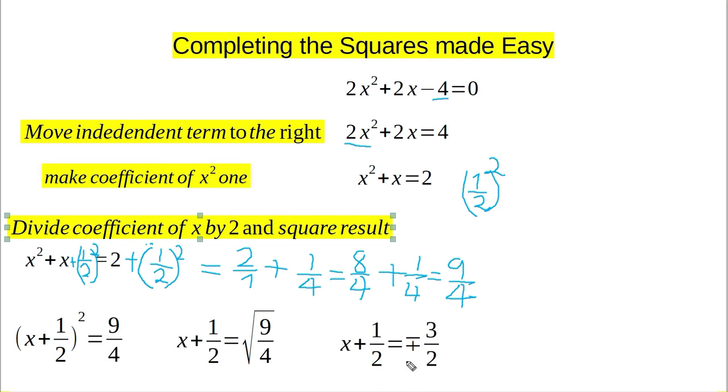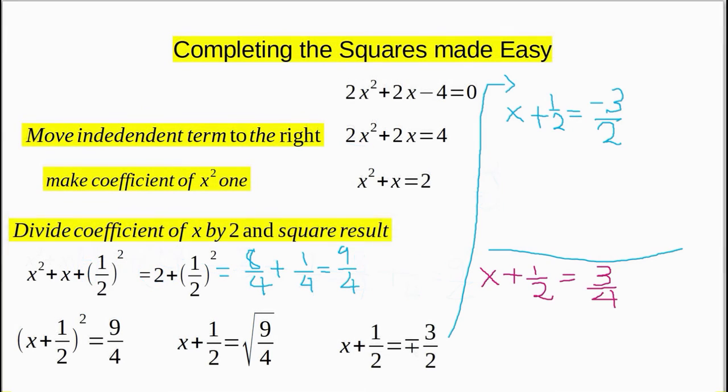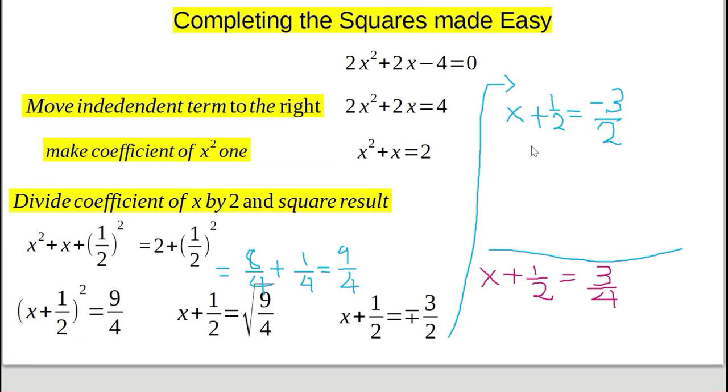So we are here now. Our main goal is to solve for the value of x. You see here, x plus a half is equal to plus or minus 3/2. So we split it into 2. We have x plus a half is equal to minus 3/2, and x plus a half is equal to 3/2.